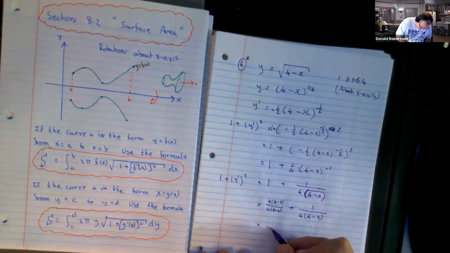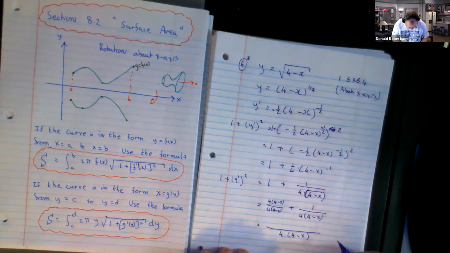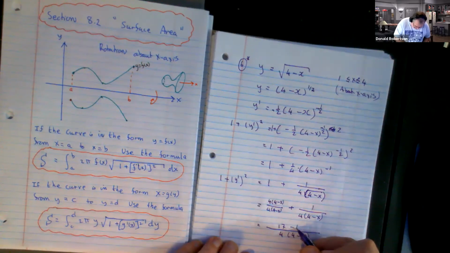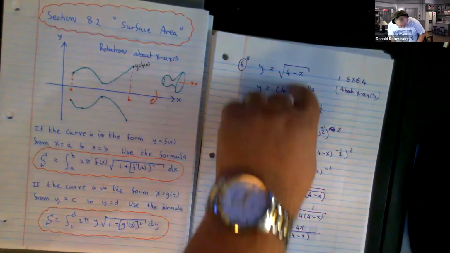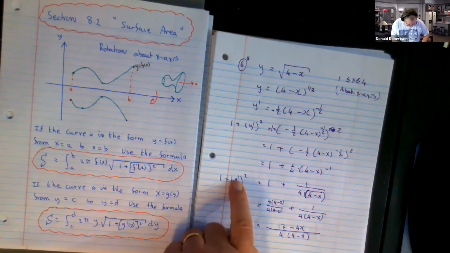Which now means I have a single fraction. And 16 add 1 gets me 17, take away 4x. So all of that work was just so I could find the best version of 1 plus the derivative squared. Okay.